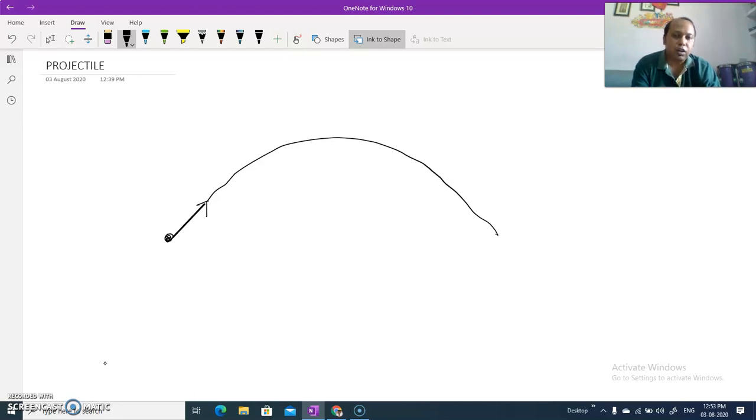gravitational force only. You need to understand that when this body is moving in this path, along the path, whenever it moves, it is always attracted towards the center of the earth.